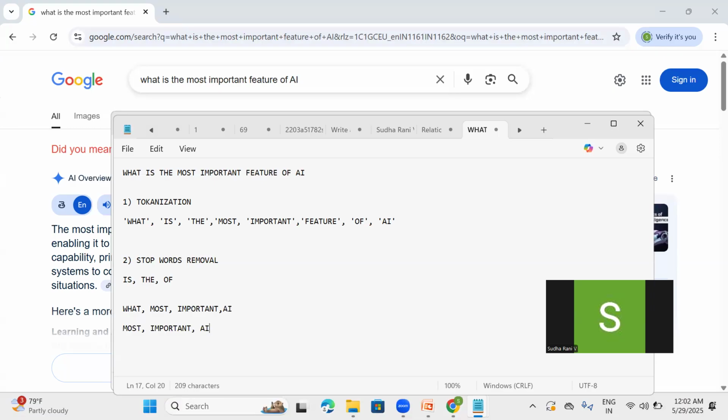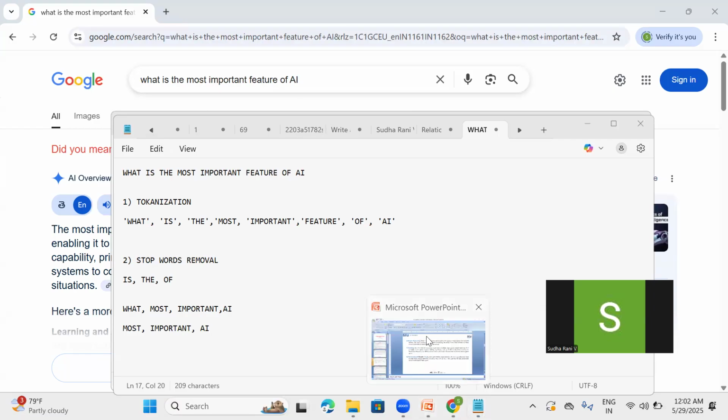These are my keywords for this query. Like this, search engines process whatever query we give: first tokenization, next stop word removal, next keyword identification, and next indexing.